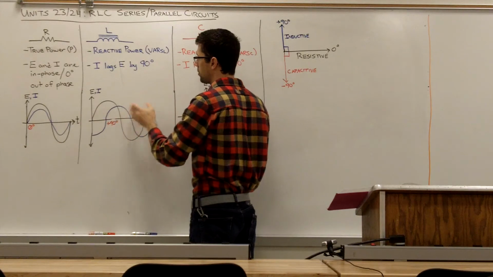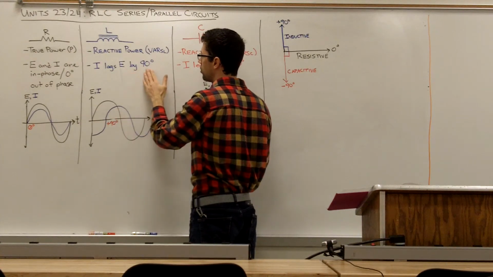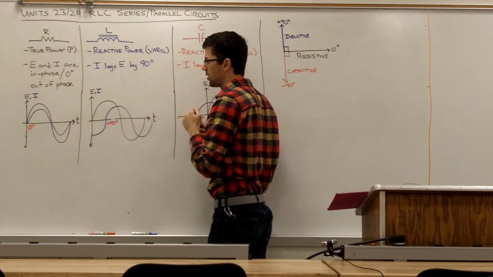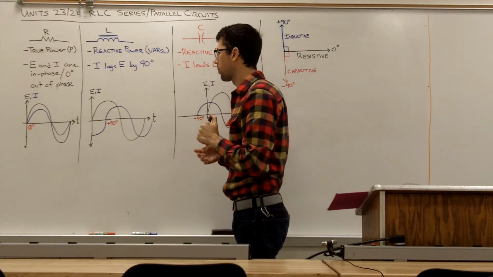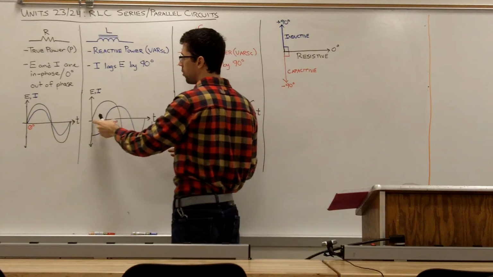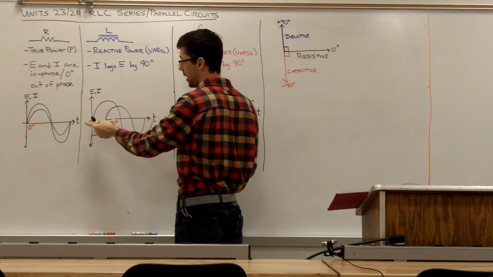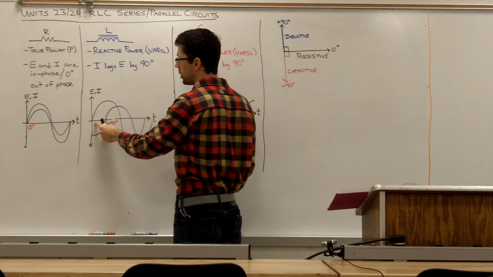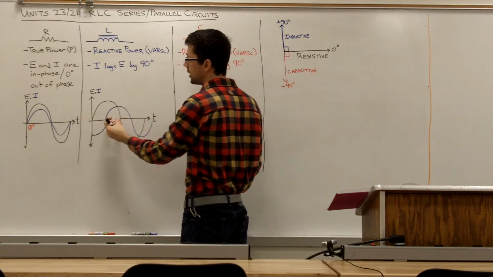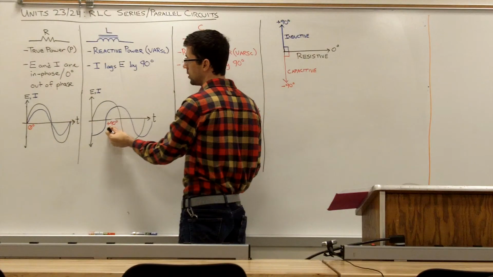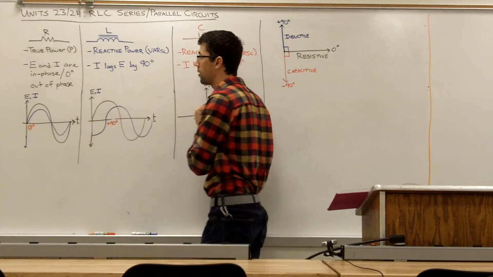Remember, when we treat time, we're dividing it into units of degrees instead of seconds. It's just another unit for time. So the voltage starts at 0 at time t equals 0, or 0 degrees, and we notice that the current doesn't have its 0 crossing until positive 90 degrees later on the sine wave.